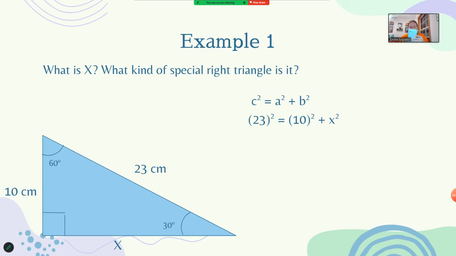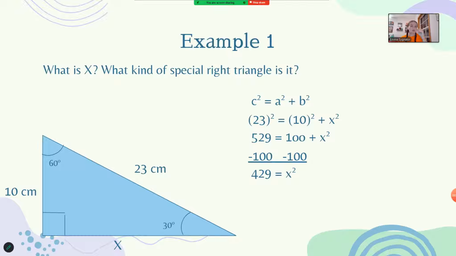So now, like before, we do 23 to the power of 2, which is 529, 10 to the power of 2, which is 100, plus x squared. And from there, we subtract 100 from each side, which gets us to 429 equals x squared.